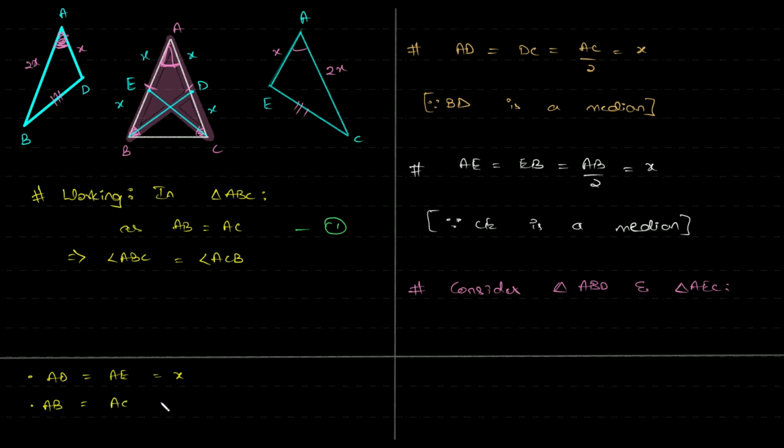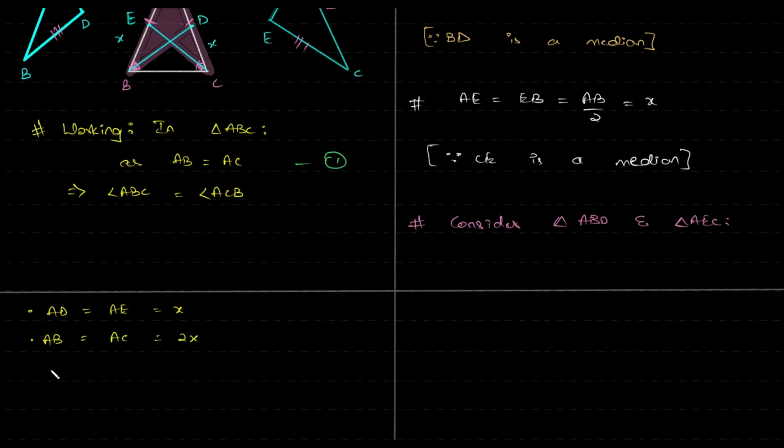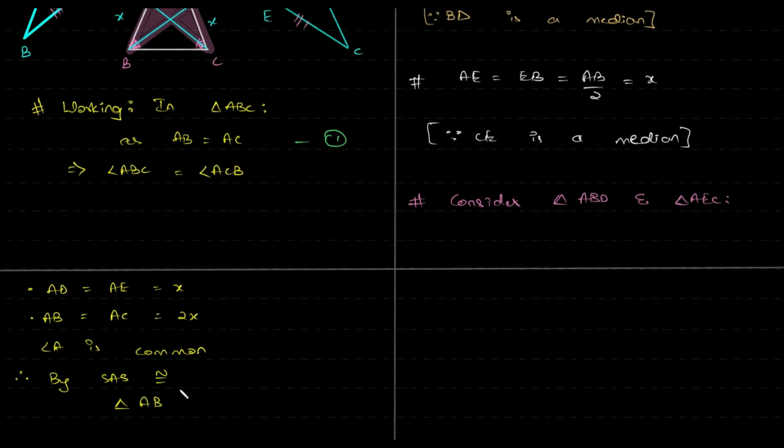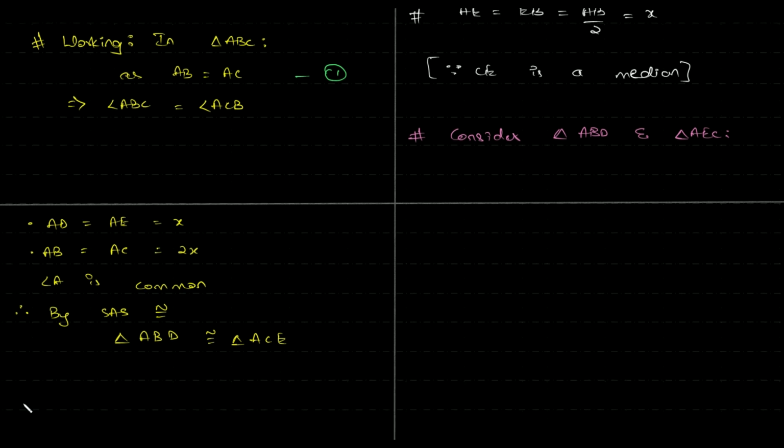AB is equal to AC, both equal to 2x, and angle A is common, and therefore by SAS congruency, triangle ABD is congruent to triangle ACE, and therefore by CPCT we can tell that BD is equal to CE, hence proved.